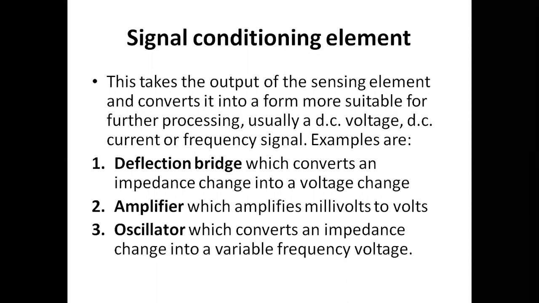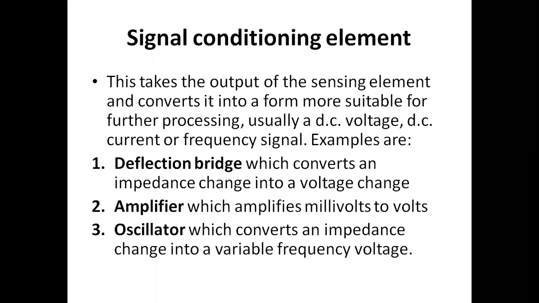Number two example of a signal conditioning element is a signal amplifier. For example, you have a thermocouple which generates a millivolt signal in response to a temperature measurement. A millivolt signal is very weak, so before you take it to other elements for further processing, you need to amplify that signal.